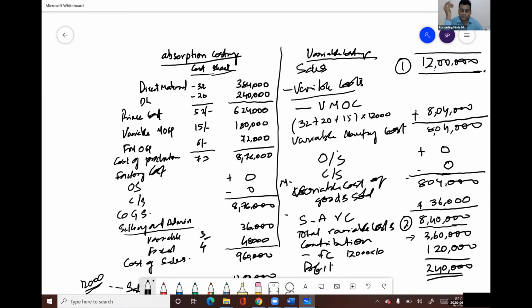So many problems we did, right? This is contribution. 3,60,000 is contribution. That is only marginal costing, sir. In marginal costing, that's how it is done. Sales minus variable cost is contribution. So this is contribution. Minus fixed cost, what you get?